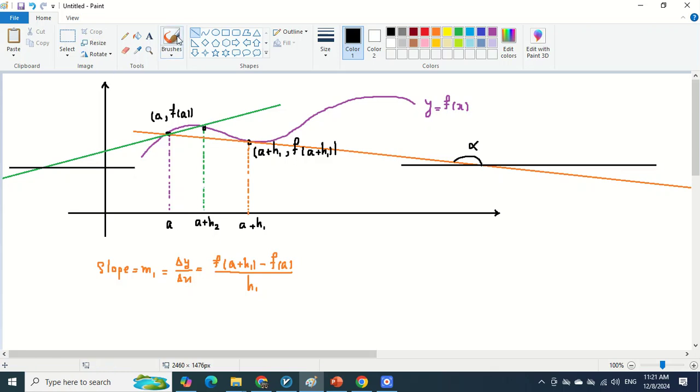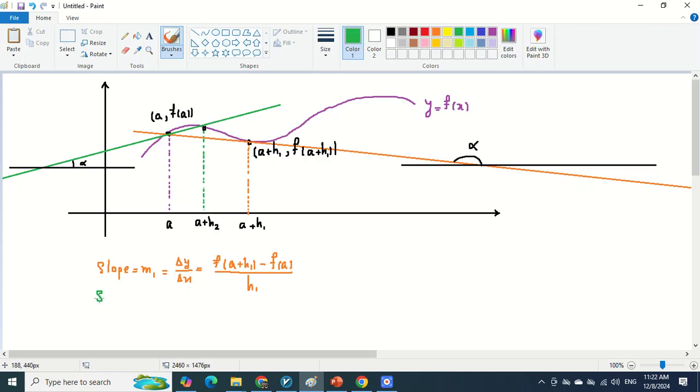Right now the alpha that I have over here is less than 90 degrees, so the tangent of alpha will be positive. By comparing these two values, I can evaluate the slope at the second point as well.